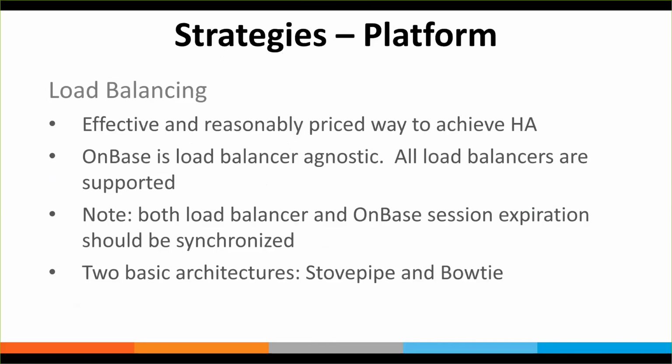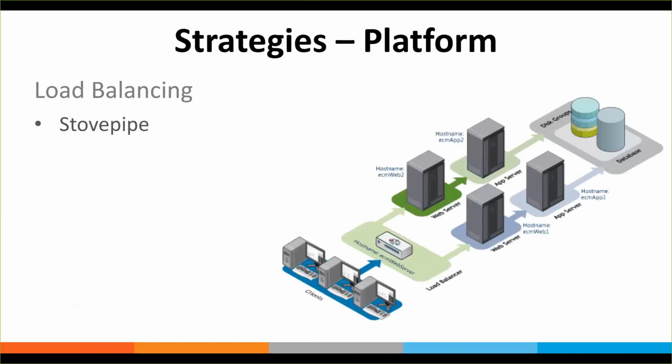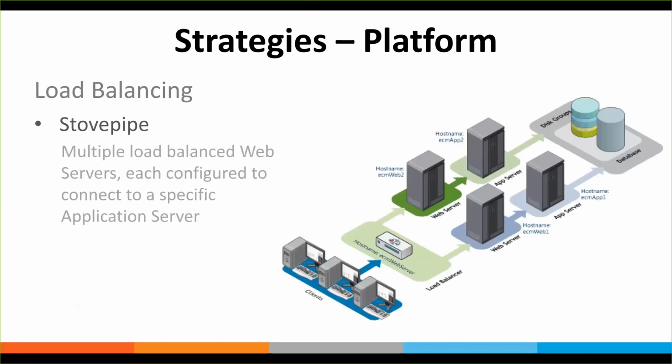Now, there's 2 basic architectures for load balancing. There's stovepipe and bowtie. Stovepipe, you basically do the load balancing on the front end, in the OnBase world, to the web server, and then each web server connects to a specific app server.